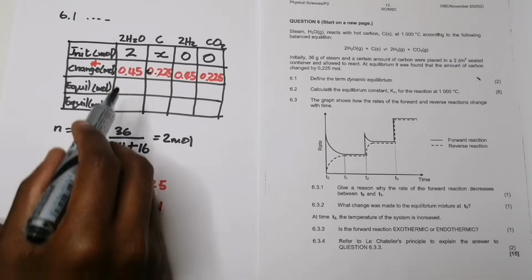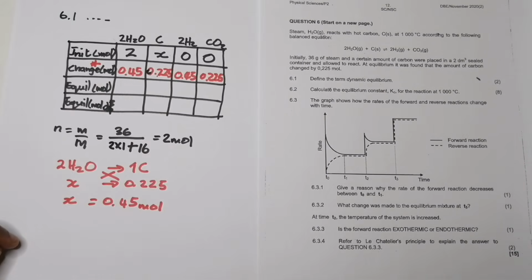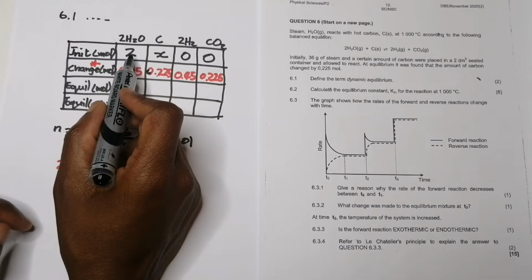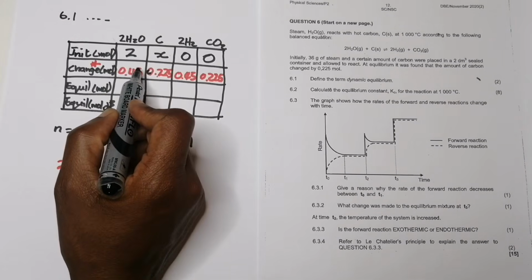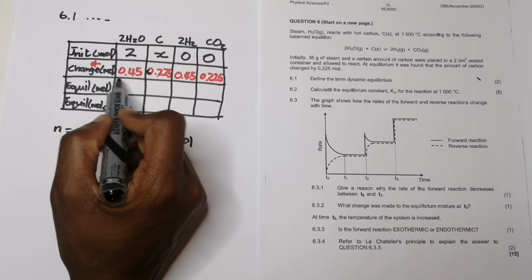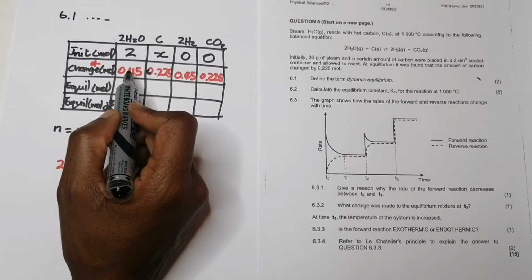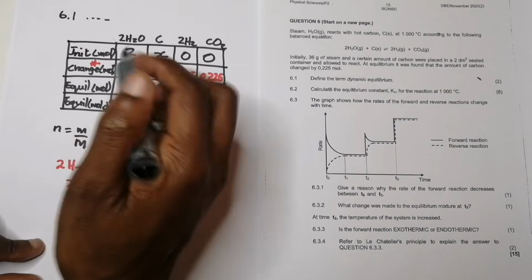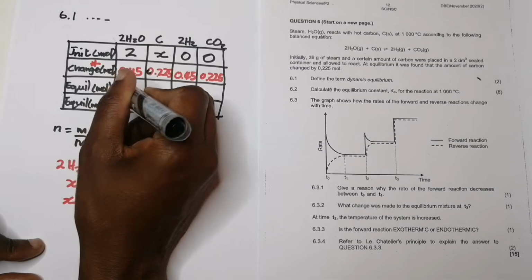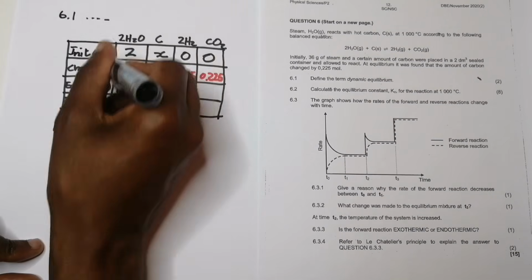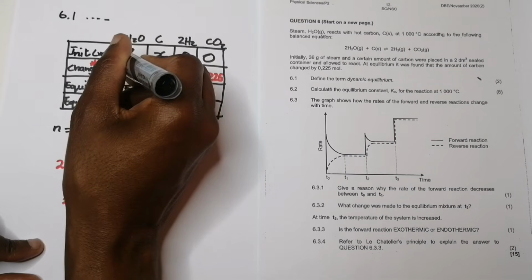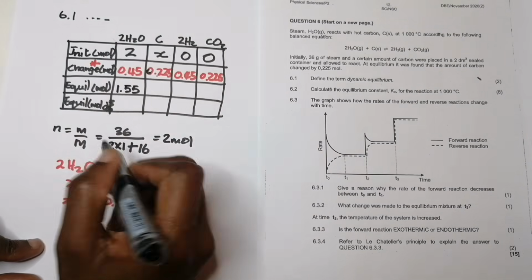Right, so now look at how logical this will be now. I started with 2 moles. I use, or you can say I change by 0.45, right? How much do I have at the end? Of course, this is going to be 1.55. Why? Remember, I use my reactants, but I form products.